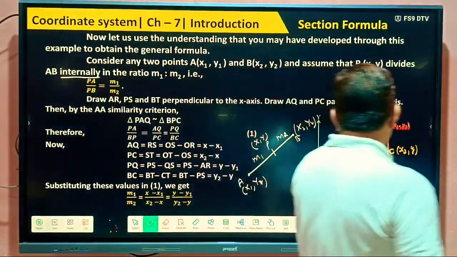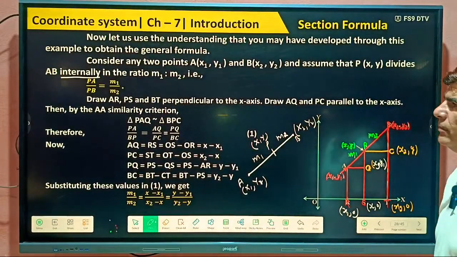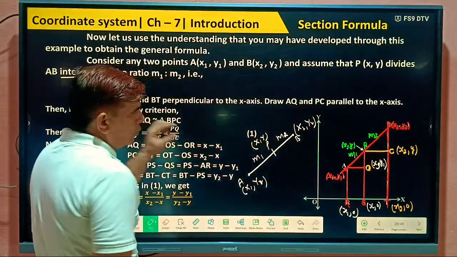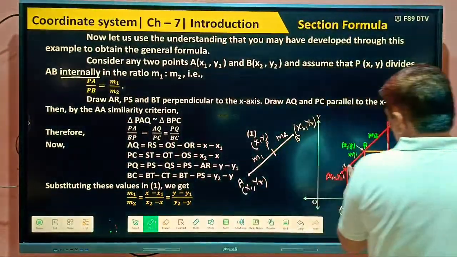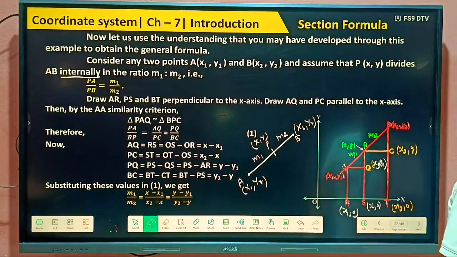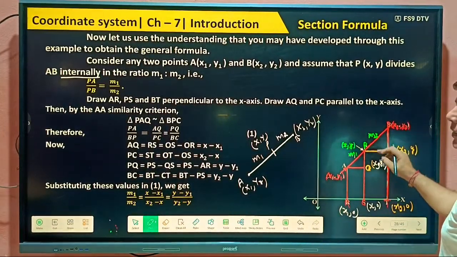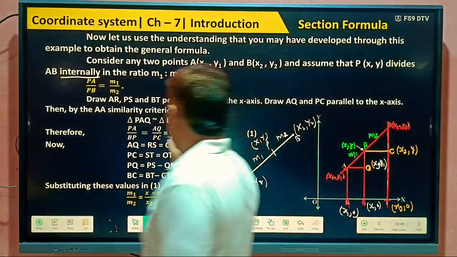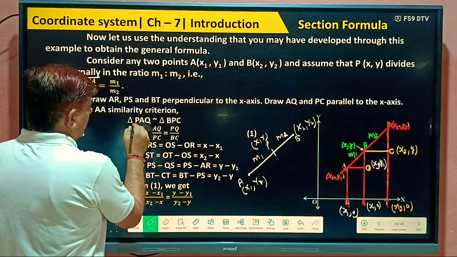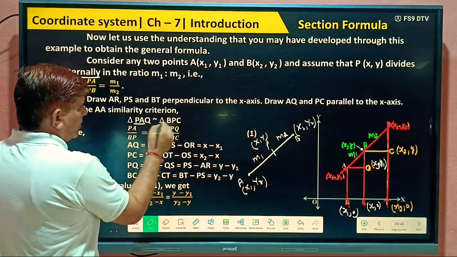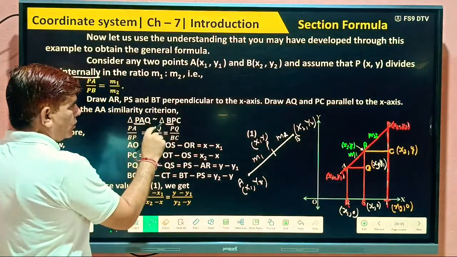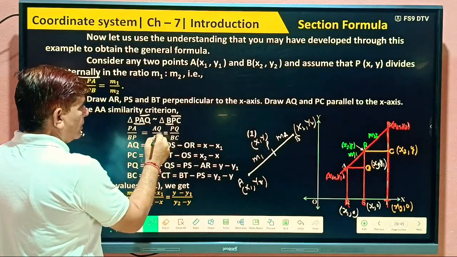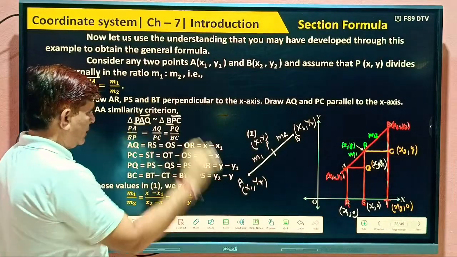I have written all of them. And you know this triangle is similar to this triangle: triangle PAQ is similar to triangle BPC. So PA by BP equals AQ by PC equals PQ by BC.